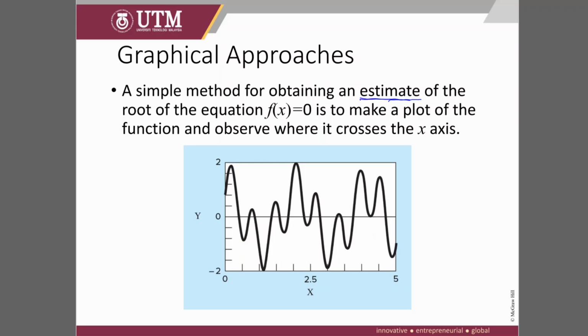From 0 to 5, we have 1, 2, 3, 4, 5, 6, 7, 8, 9, 10, 11, 12, maybe 13 and 14 roots between 0 and 5. So be very careful which one you want to find. At least this will give you an idea.